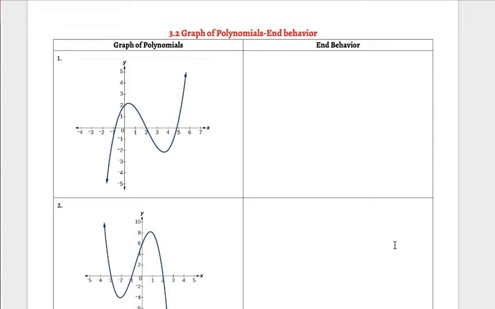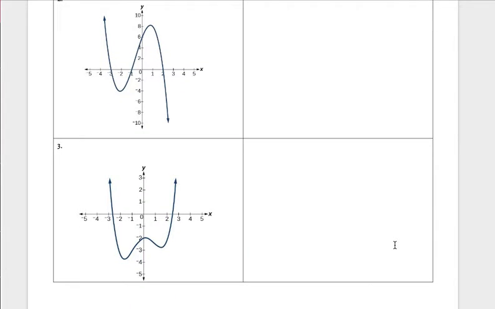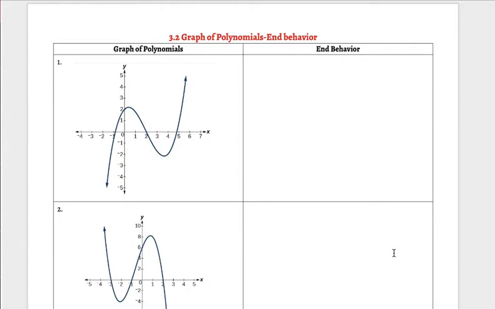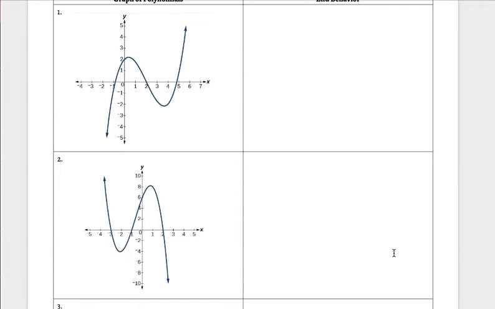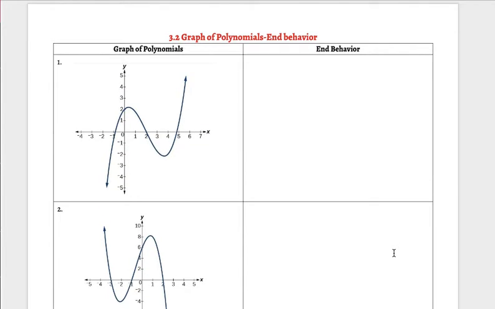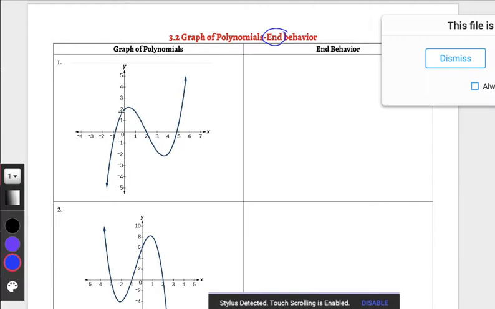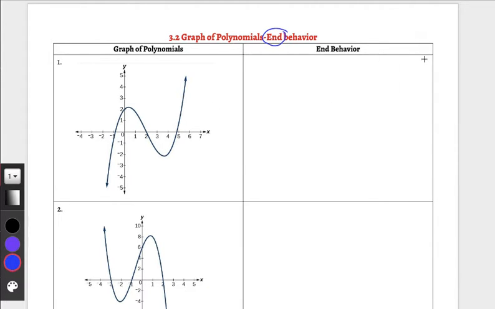Let's check. We are going to have three graphs of polynomials, and let's check what the end behaviors are for these functions, okay? As I mentioned, for end behavior, the keyword is end. That means we are focused on the ending parts of the graphs, like this part and like this part.